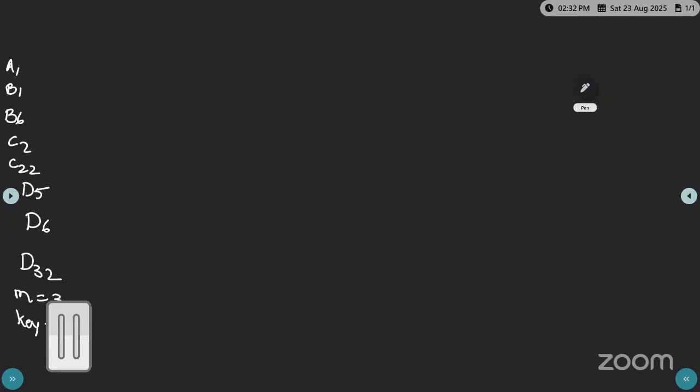2. Tell me how the node looks here. K1 and K2. Yes, K1 and K2.